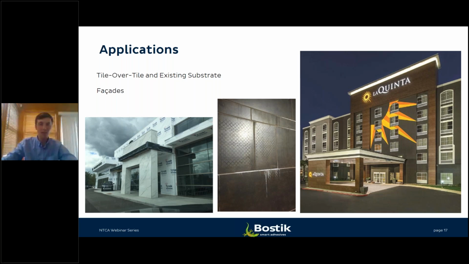You can see some of these pictures, like the bottom left being a car dealership and the right being a hotel. And then in the middle, some of the things that essentially end up plaguing the installation based on a variety of different conditions, whether it's moisture management or a cap protecting the wall from moisture to get into the back side of the material. But you can see the efflorescence that's coming out of the grout joints. It could be a variety of materials selected or temperature by which the material was installed.